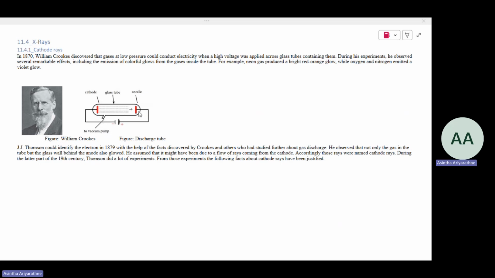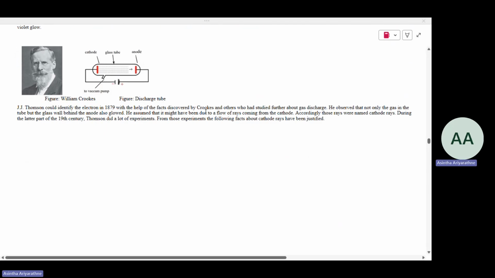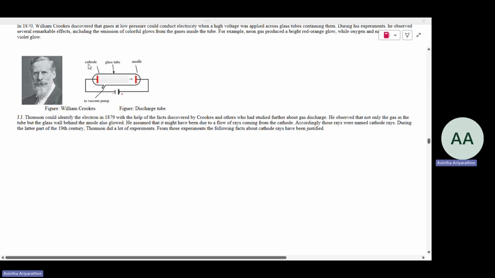But earlier, William Crookes could not identify what it was. It was around 1870. After J.J. Thomson found the electron in 1879, they were able to describe this phenomenon.